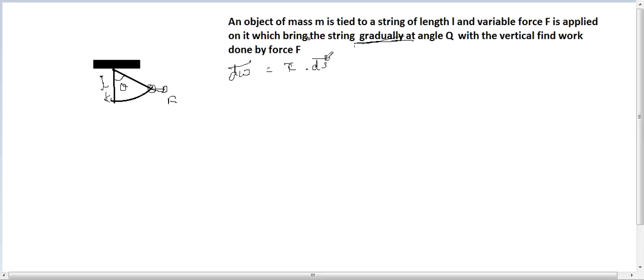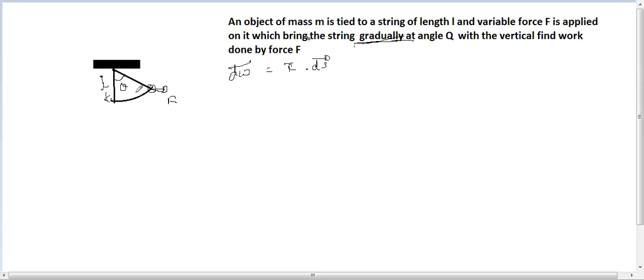But here the problem is we do not know what F is. F is not given in the question. So at first look this question becomes quite difficult, because F is not given, and ds is along this path. You have to think and do so many things.